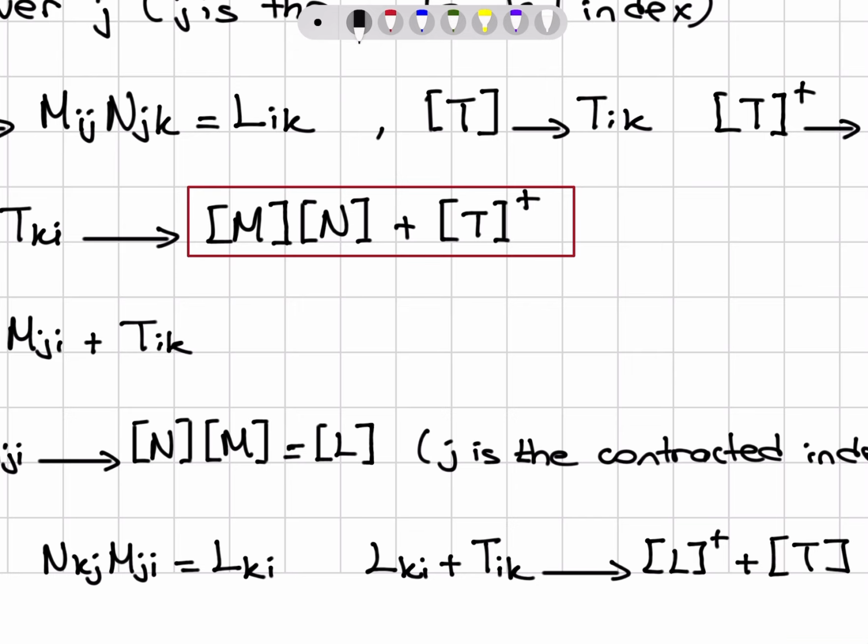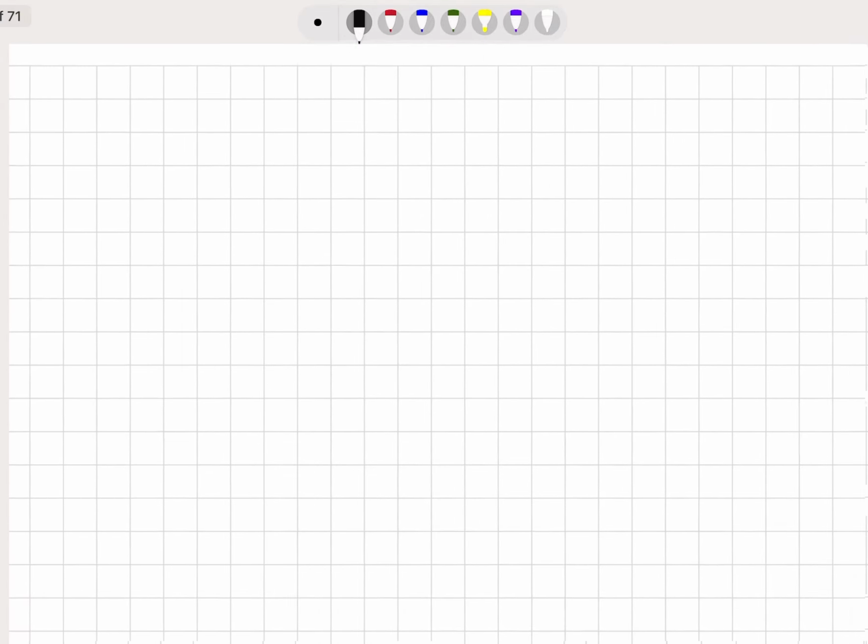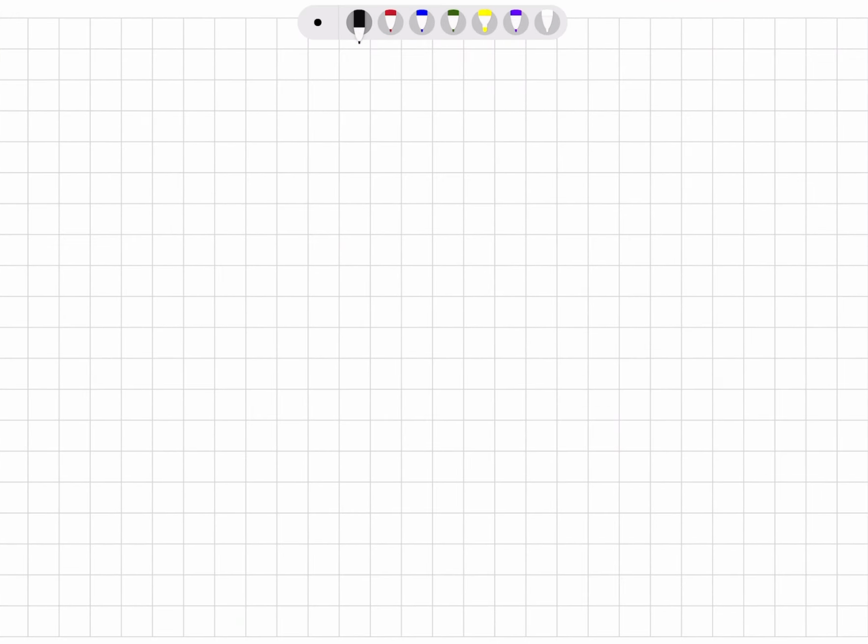That's one way to see it. And therefore, I see that the N matrix multiplied with the M matrix gives me the L matrix.